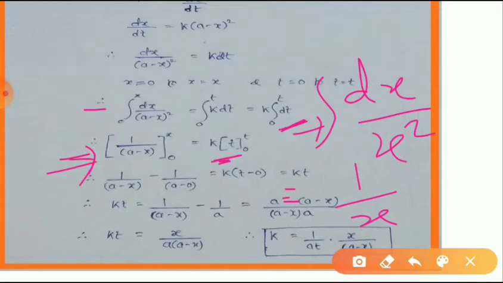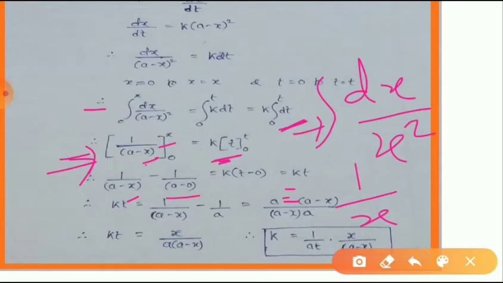In place of x, we put the upper limit and lower limit: 1 upon a minus x, where x is the upper limit value, minus 1 upon a minus 0, that is the lower value of x. So we get 1 upon a minus x minus 1 upon a minus 0 equal to k into t minus 0.